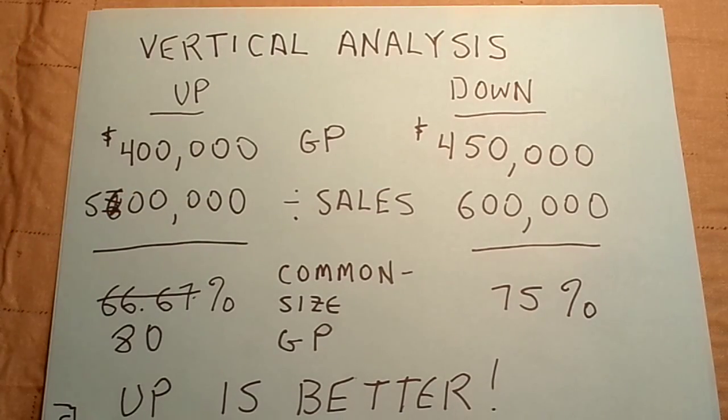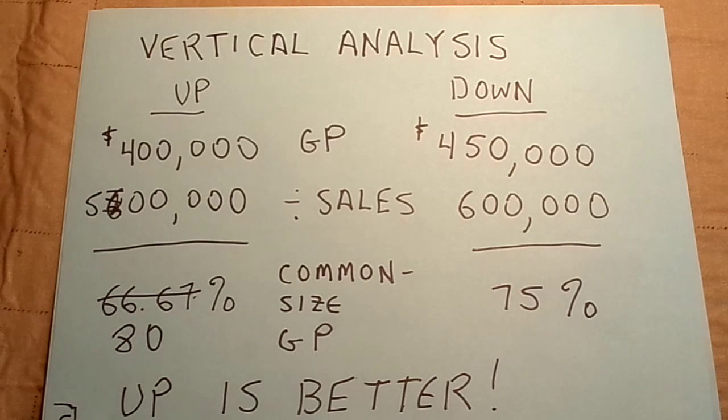We can, however, do good vertical analysis using the data we have. Vertical analysis is often something used to compare one company to another. So here we have two numbers from Up's income statement. We have gross profit divided by sales.